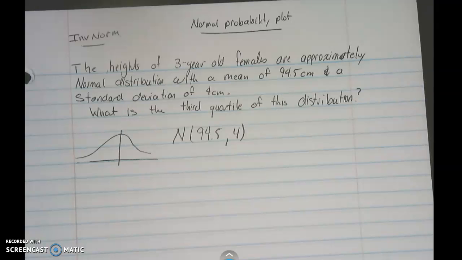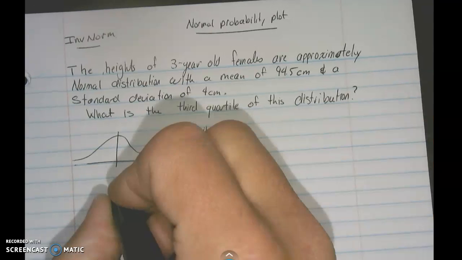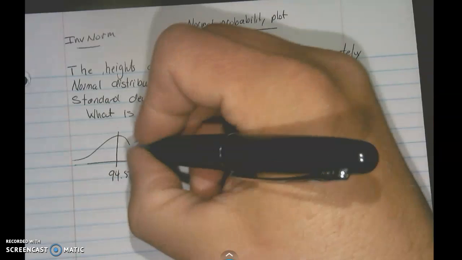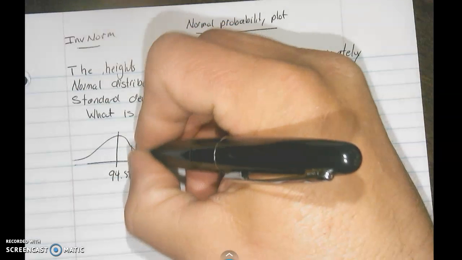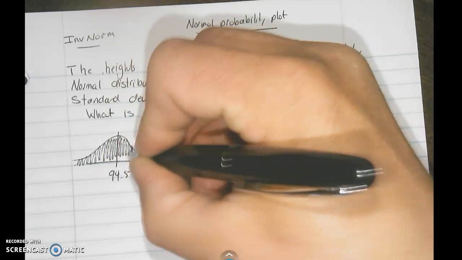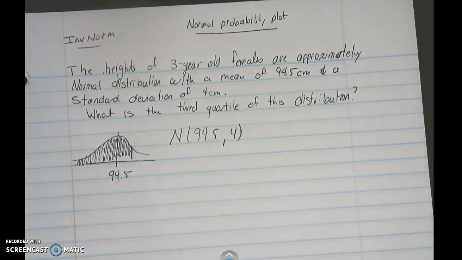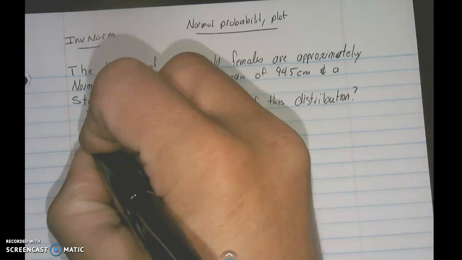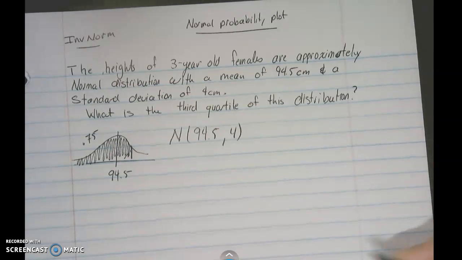So this time we're actually using that, okay? So then we could come into here and put this as our mean. And then 75%, I'm just going to approximate it's right here, because it's our third quartile, right? And so what this shaded means is that 0.75 is covered up.